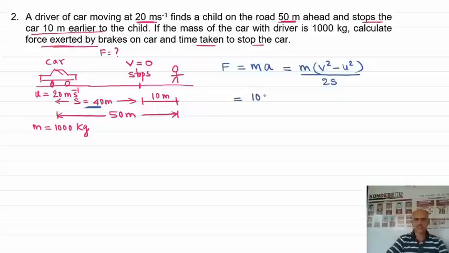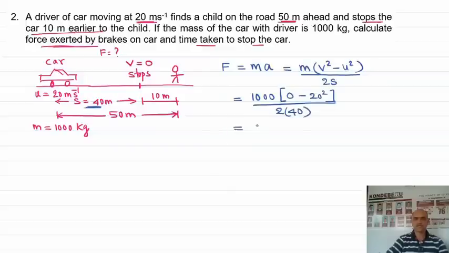Mass is 1000 into bracket. V square is 0, u is 20, so 20 square divided by 2s. S is 40, so 2 into 40.